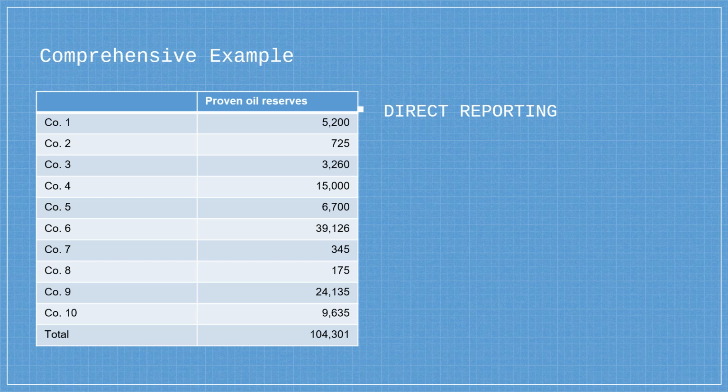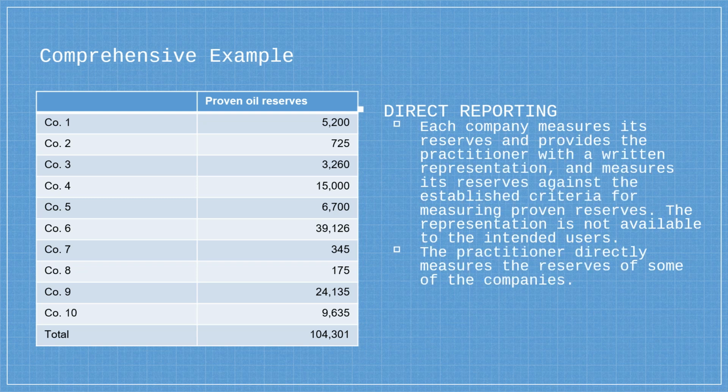As compared with a direct reporting engagement, whereby two possibilities may exist. First possibility, each company does measure the reserves, and they provide the practitioner with a written representation. The practitioner measures the reserves against the established criteria, but this representation, this assertion, this subject matter information is not available to the intended users.